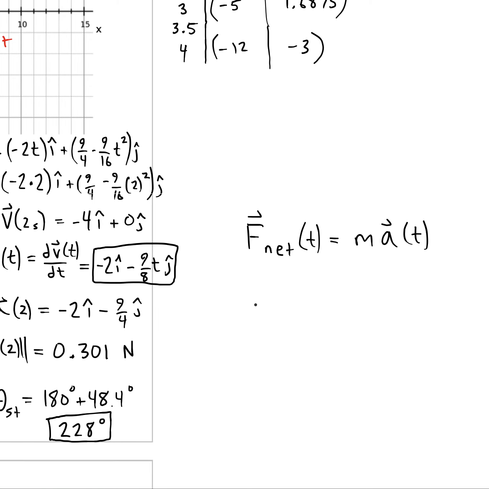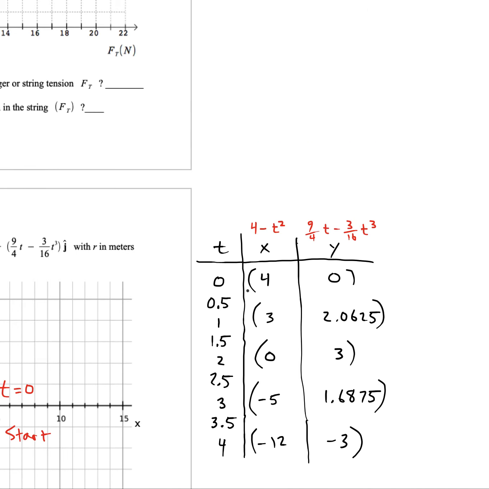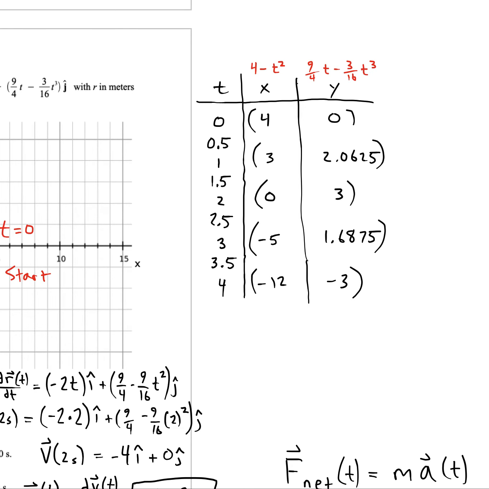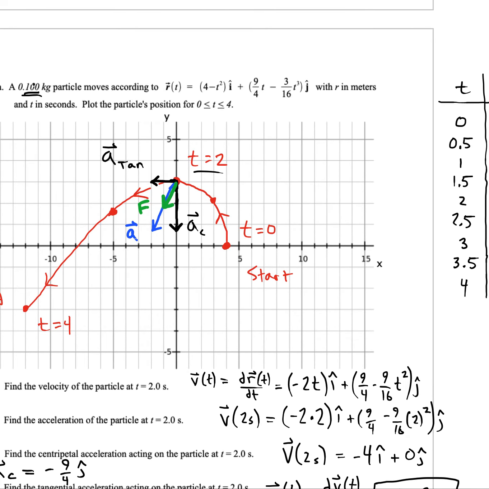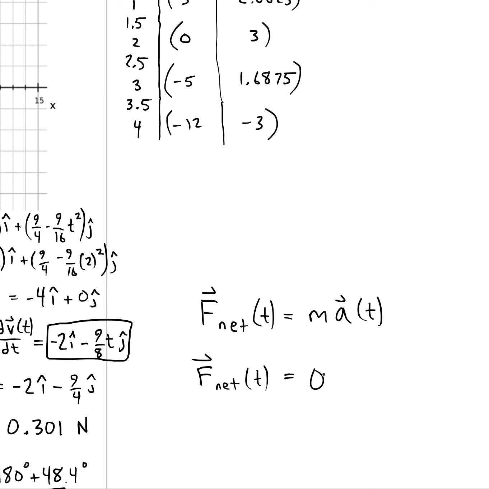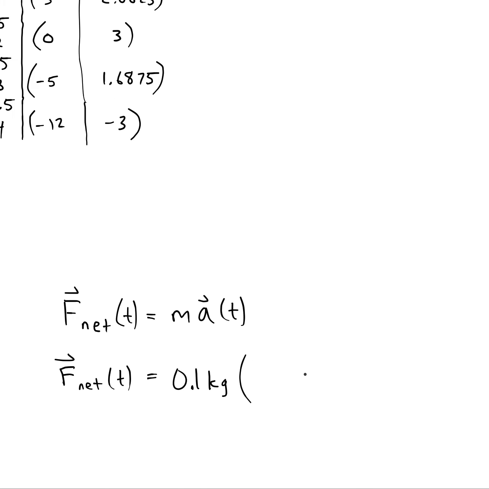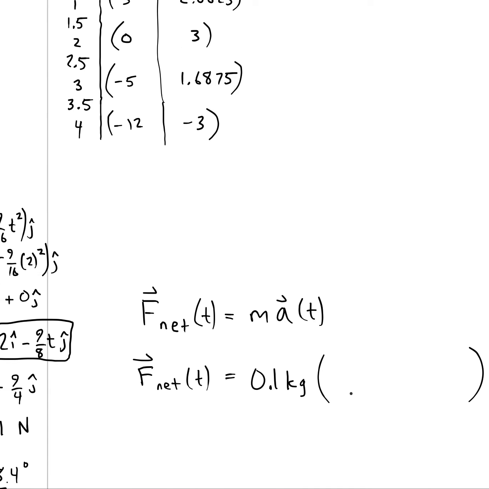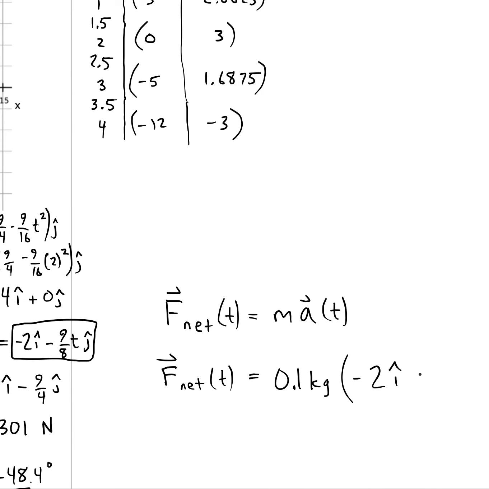Now, the net force then is given by the mass that they gave in the problem, 0.1 kilograms. So that's the scalar to multiply everything by. And then what you do is you just put your vector acceleration in here. And so that was negative 2i minus 9/8 tj.